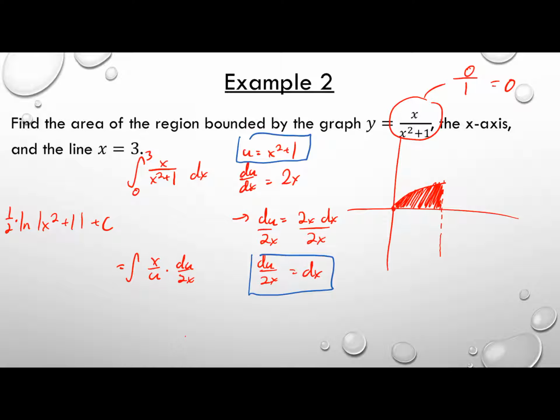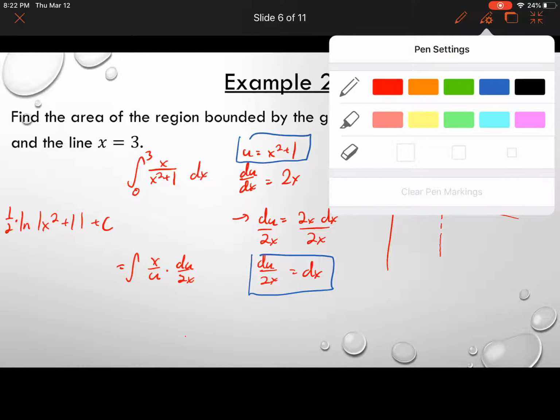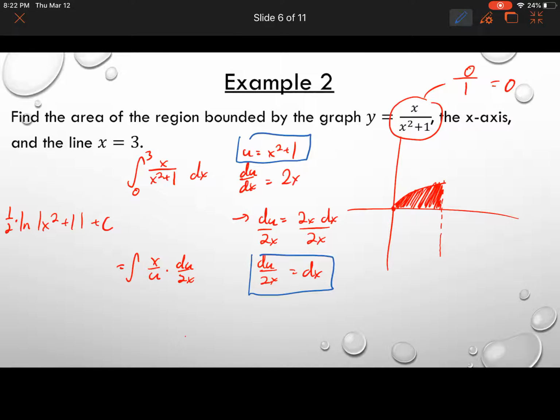In period 7, we left off having figured out what u was equal to and what dx was equal to, so now we were going to make the necessary substitutions. So you'll see that u is equal to x squared plus 1. Instead of x squared plus 1 in the denominator, now we have a u.